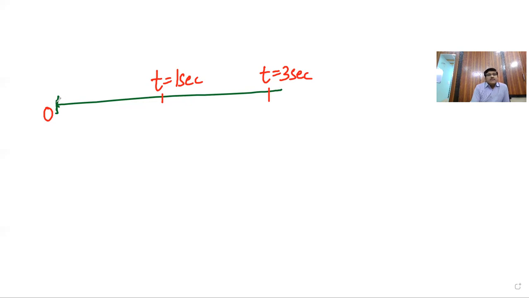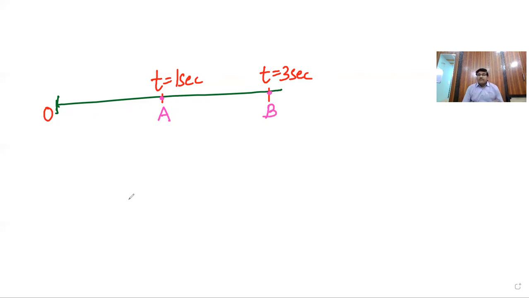I am assuming journey starts from origin. And as time passes up to 1 second, the journey goes on. And again, up to the time 3 seconds journey goes on. Clear? Now I am giving some names to these points. Let us say this point is A, this point is B.